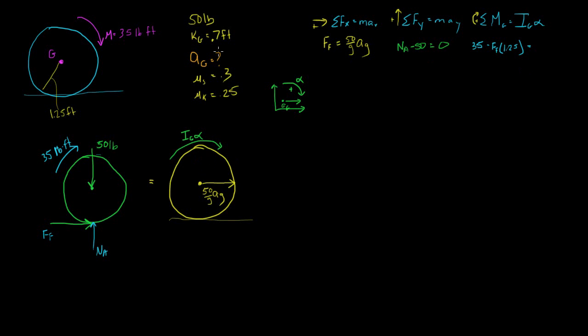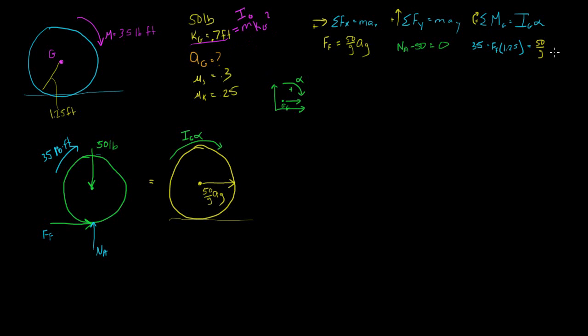So our moment of inertia, since we're given a radius of gyration, is going to be equal to m, which is 50 over g, times this radius of gyration squared. So whenever we're given a radius of gyration, our moment of inertia about point G is equal to our mass times, not the radius, but this radius of gyration squared.